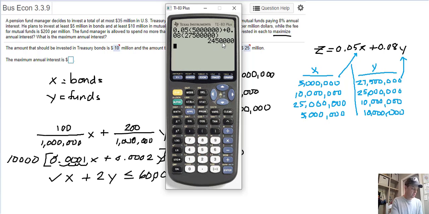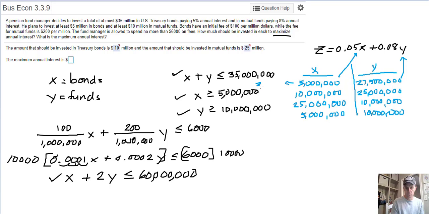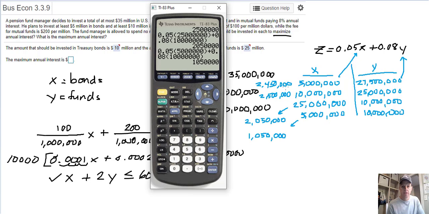2,450,000. So when we do that number for the first x and y possibility, right here we get 2,450,000. All right, I'm going to do that calculation again for the other three numbers, and I'll come back. So you can see I've run all those calculations now. I got 2.5 million for the second line of my table, and then I got 2.05 million, and then I got 1.05 million.